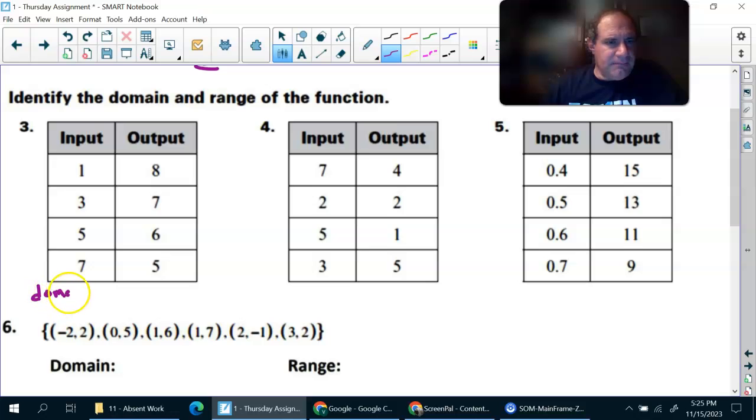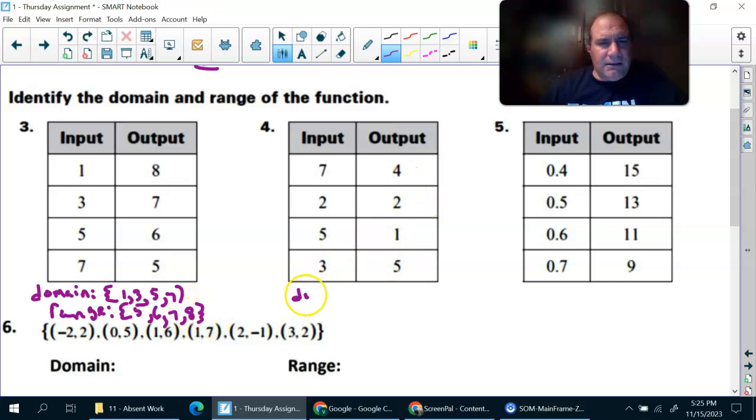So domain, we're going to do 1, 3, 5, 7. And range, we're going to do 5, 6, 7, and 8.